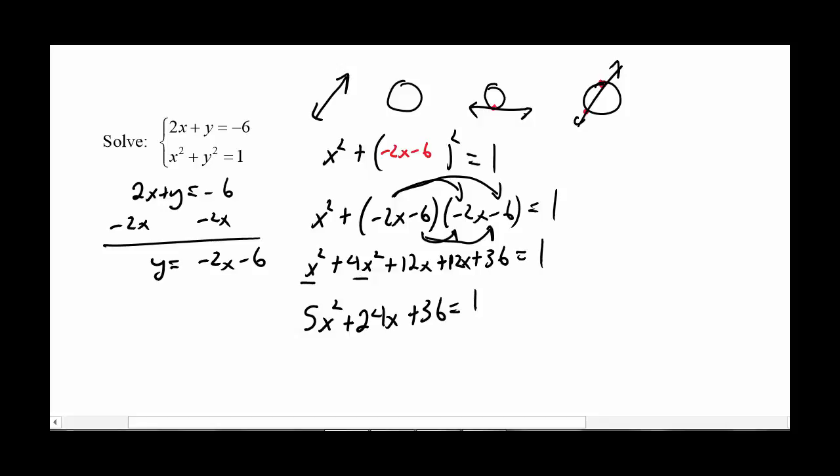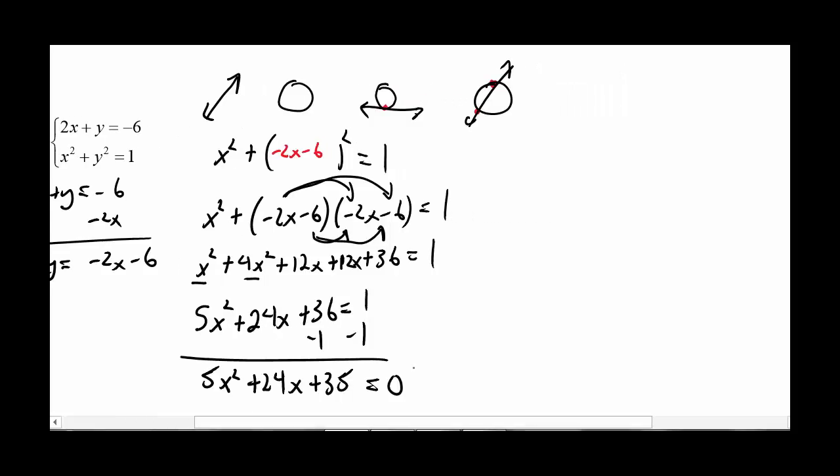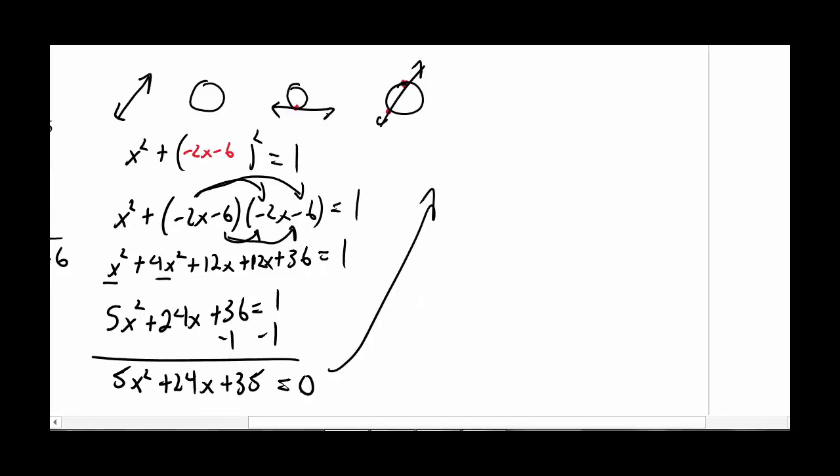And then I will bring over the 1. So that's 5x squared plus 24x plus 35, all of which equals 0. Okay, so at that point, now we're looking at factoring. So let's see, there's only one way to get 5x squared. That's just 5x and x. 35, let's see, well, 5 and 7.